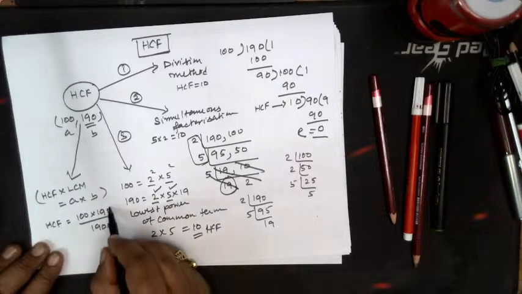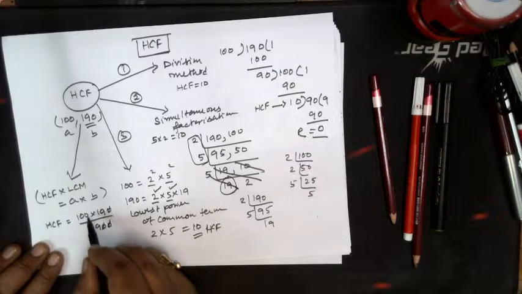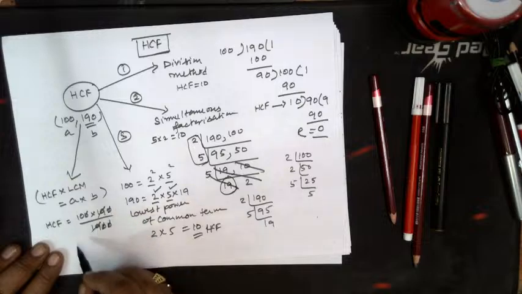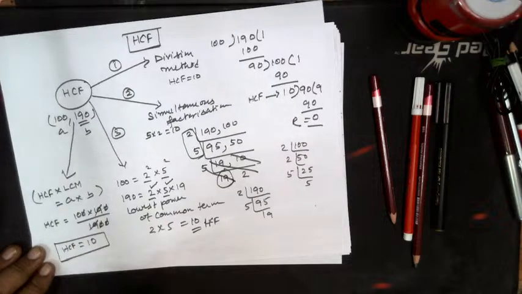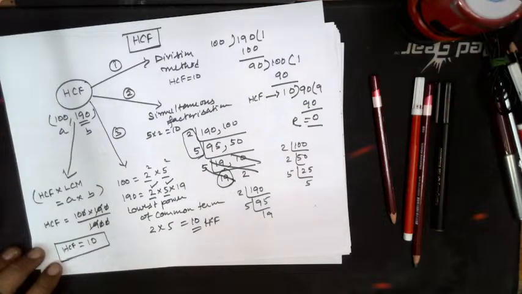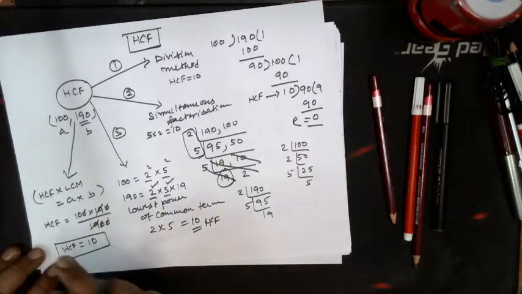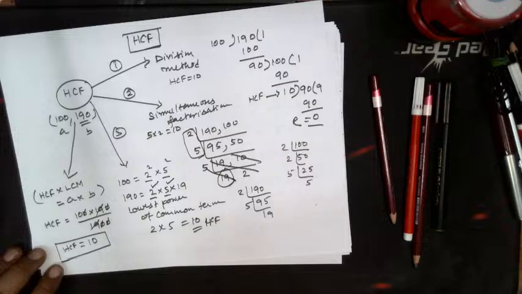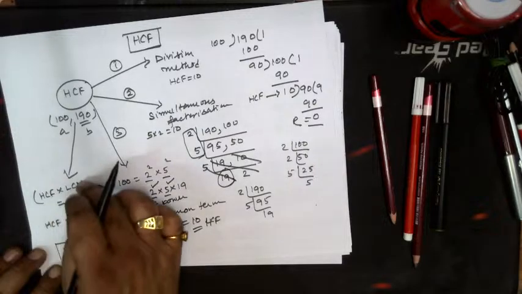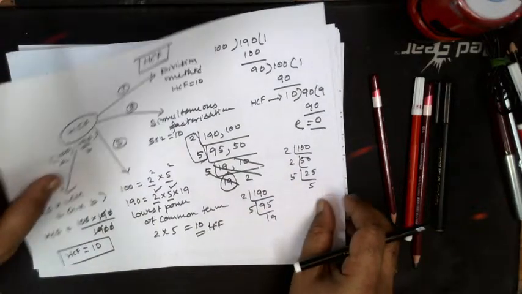Now the zeros and 19 can be cancelled. The remaining is 10. So this is another technique. Sometimes they will give the LCM also, and you may be asked to find the HCF. Similarly, you can find the LCM based on the HCF also.